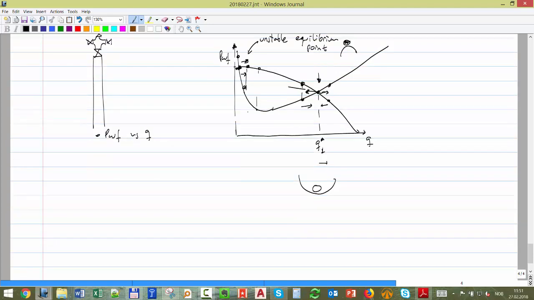Okay. So now why do we have this curve? Why is it going down and then up?